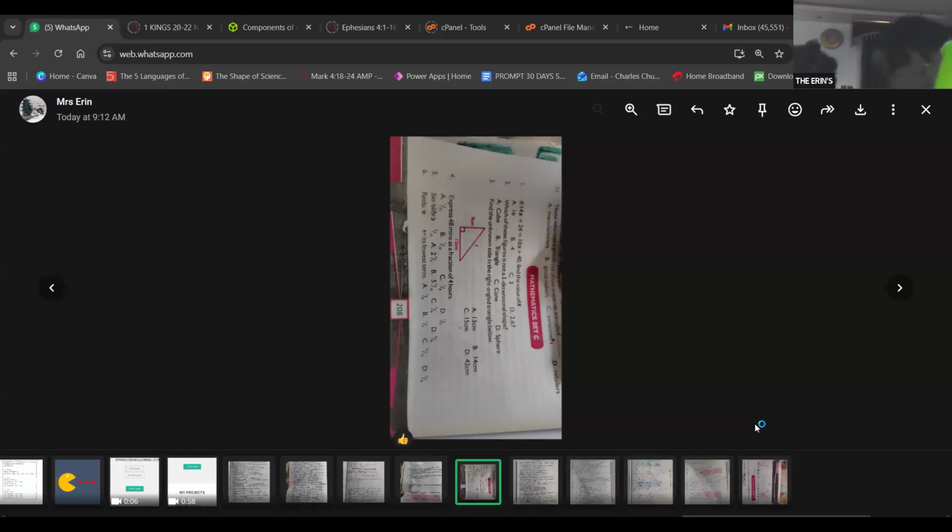Which one do you want to see? A cube. You already started to spoil it.